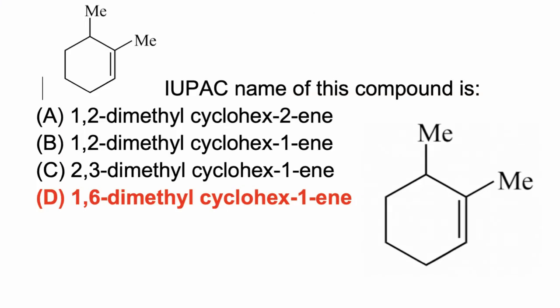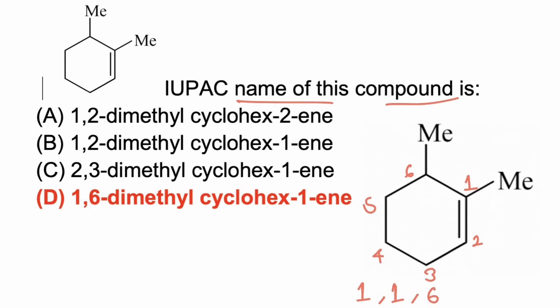In this question we have to find the IUPAC name of the given compound. First we have to do numbering, following the lowest set of locants rule. If numbering is done from the multiple bond, 1, 2, 3, 4, 5 and 6, the locants are 1, 1 and 6.